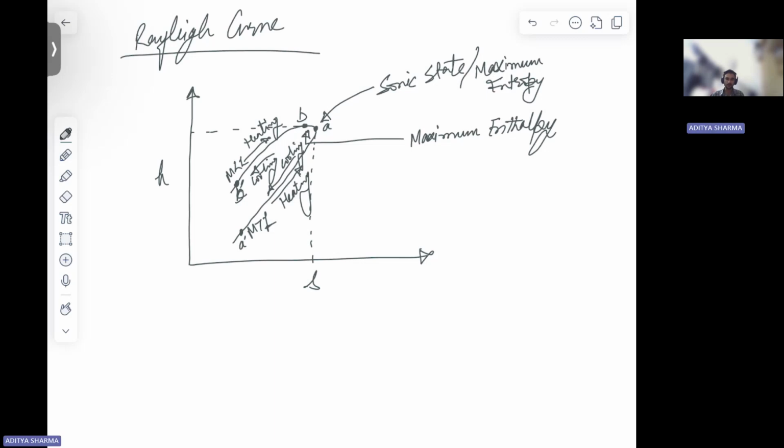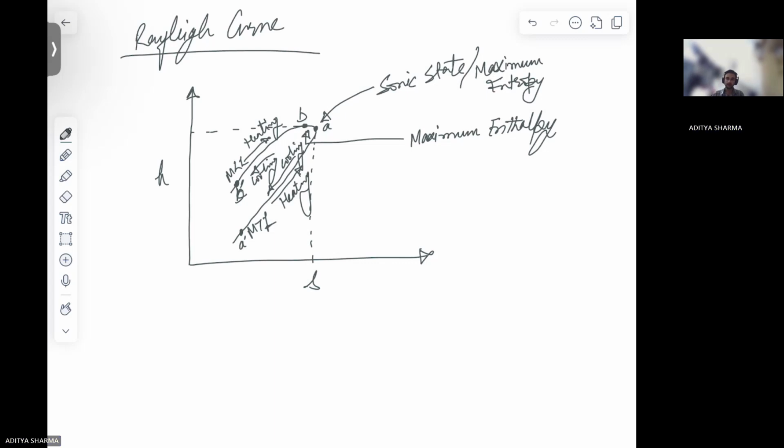But if this flow has reached point A, where it has maximum entropy, theoretically you can further expand it, or increase its Mach number, and make it supersonic. How can you do that?